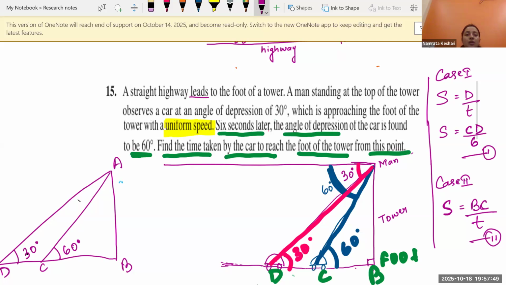So here you can assume the distance BC as x and CD as y. क्योंकि हमें यहाँ बहुत सारे इक्वेशंस के साथ डील करना होगा, तो अगर BC डिस्टेंस को x बोला और CD डिस्टेंस को y बोला, this will be really helpful. Let BC be equal to x units and CD is y units. अगर हमने असम्प्शन ले लिया है तो हम इक्वेशन 1 और इक्वेशन 2 को भी चेंज कर सकते हैं। CD के प्लेस पे y यूज कर सकते हैं और BC के प्लेस पे x यूज कर सकते हैं। आ रहा है समझ में?